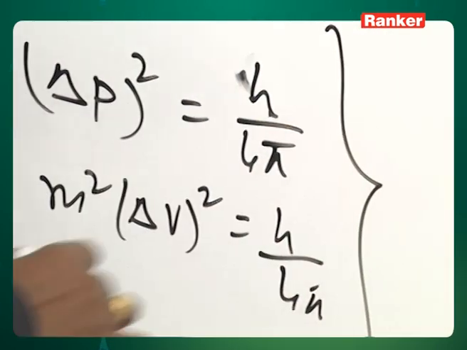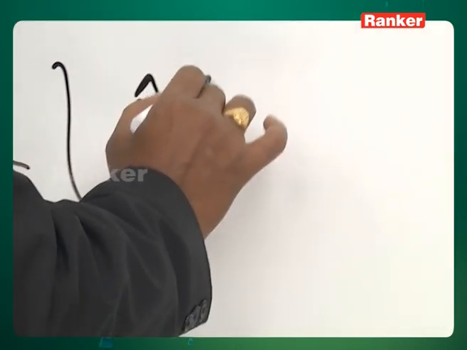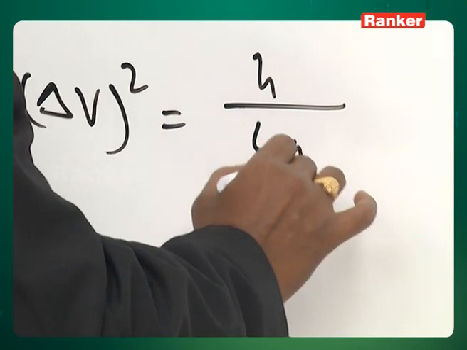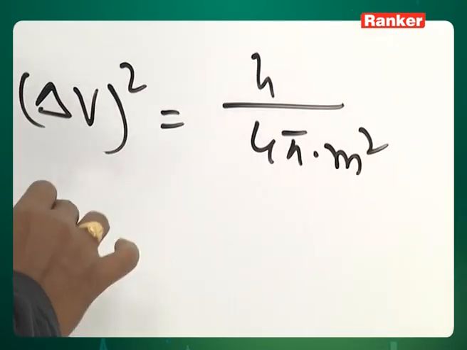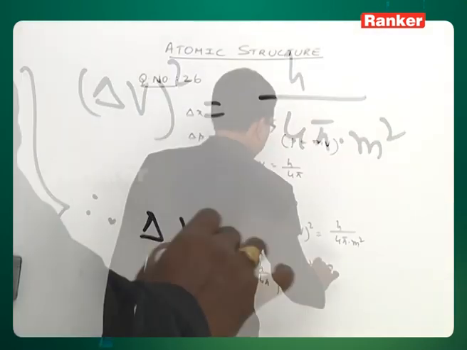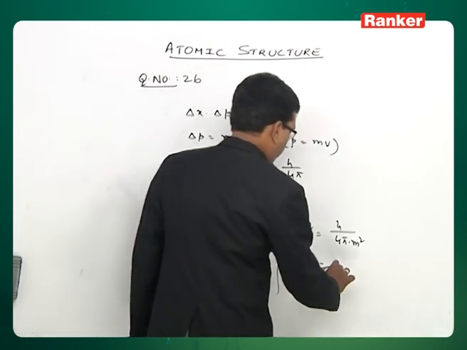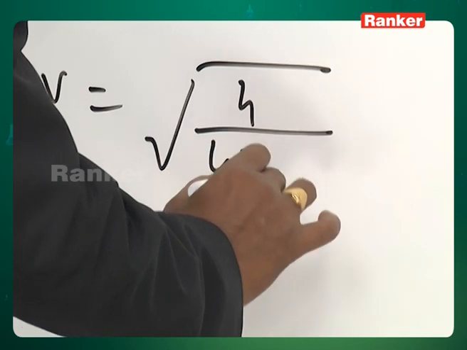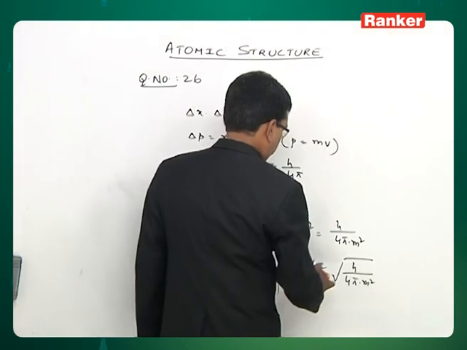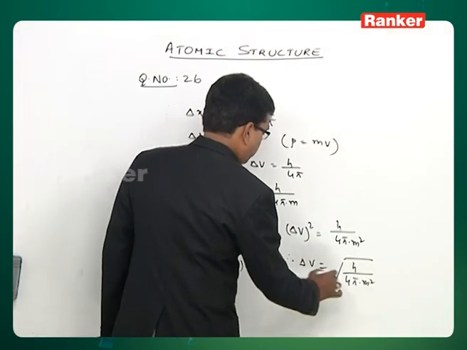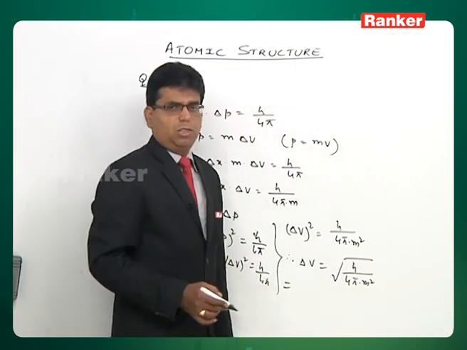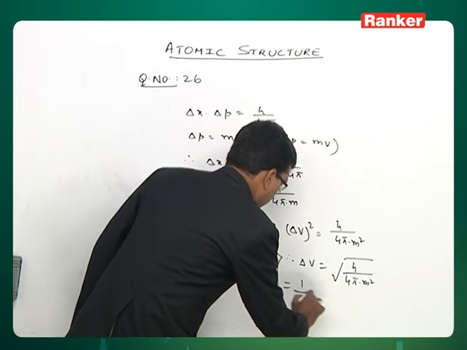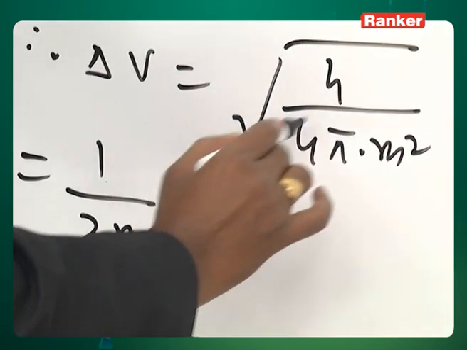So from this, delta v square is equal to h by 4 pi m square. Therefore, delta v, that is the uncertainty in velocity, is equal to root over h by 4 pi m square. This is 1 by 2 m, root over h by pi.